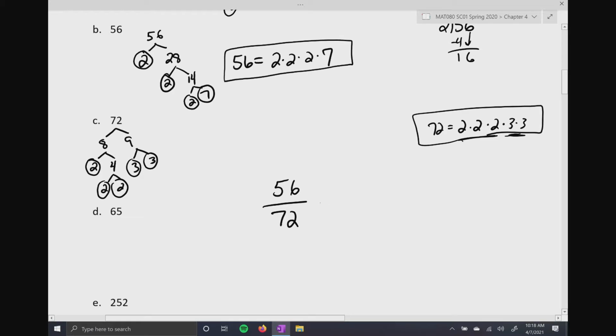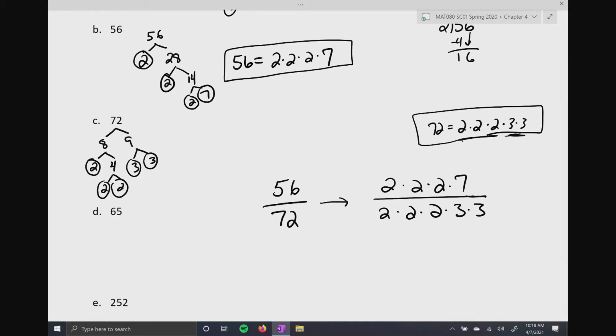What we can now do is write the fingerprints of each of these numbers. And that's going to help us to actually simplify this fraction. Okay? Any questions so far? Because that's what we're doing. This is where we're leading up to.